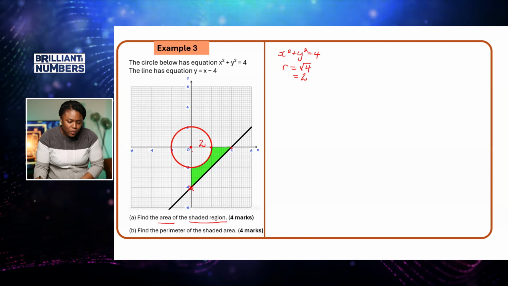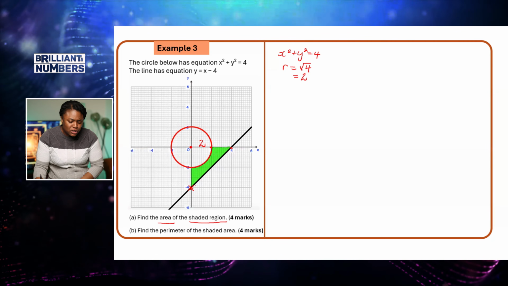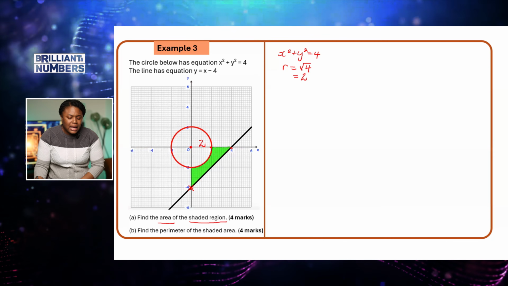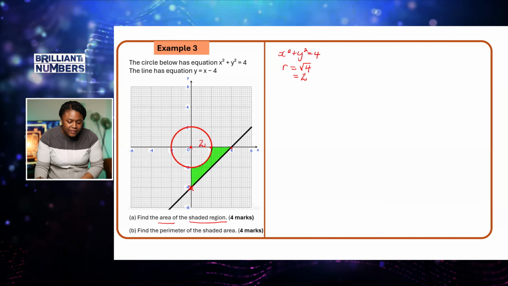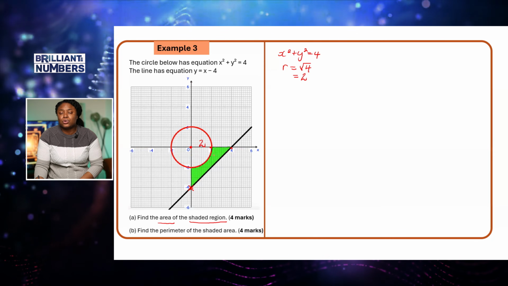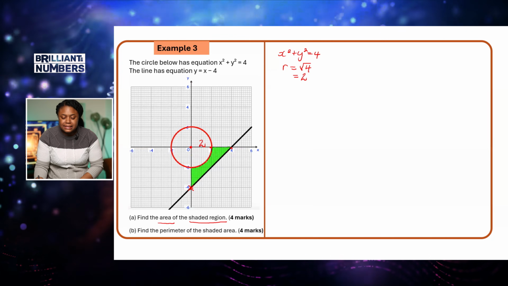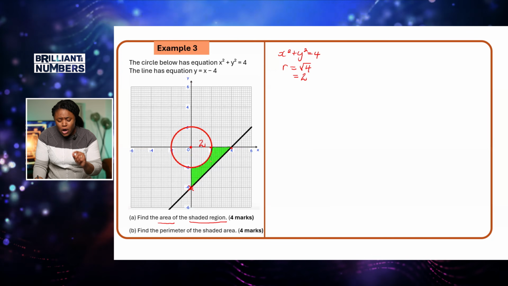Here we recognize that we've got a triangle, and also a sector, which is a quarter of this particular circle. So in order to find the area of just the shaded region, I need to find the area of the triangle and also the area of the sector, and then I subtract them, and that will give me the area of only the shaded region.